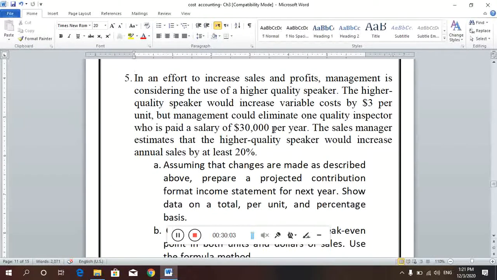The fixed costs were $240,000. After eliminating the quality inspector, the new fixed costs will be $210,000.